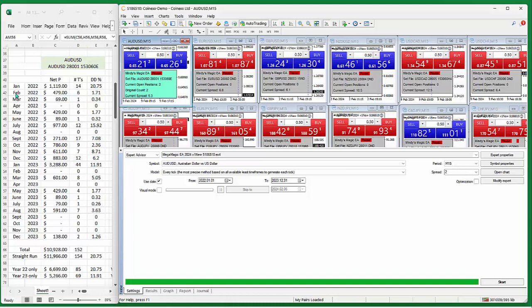Okay, in the month of February of 2022, this pair only made $479 off of 6 trades with a 1.1% drawdown. That's almost no drawdown at all. Now here was a month in April of 2022 where this pair, AUD-USD, using this set file, didn't make any trades at all.